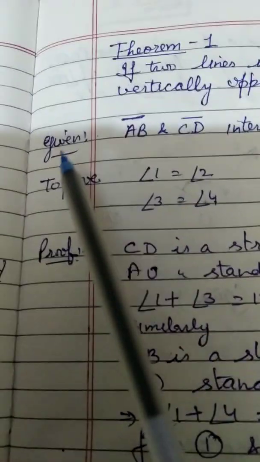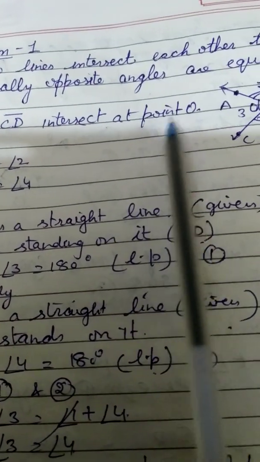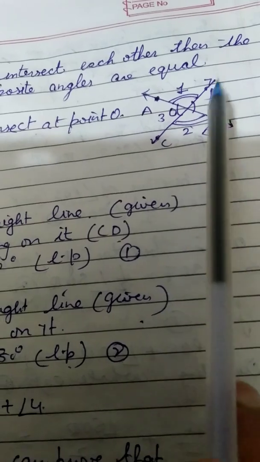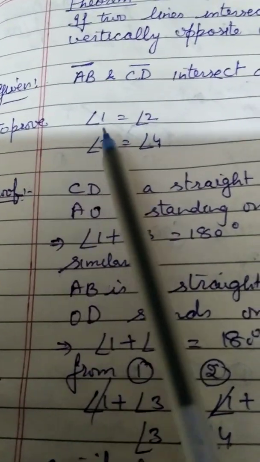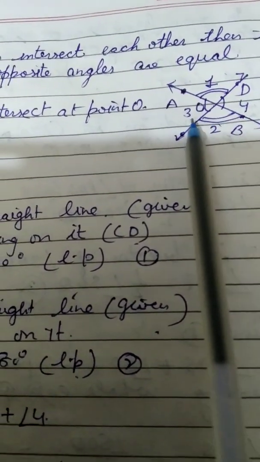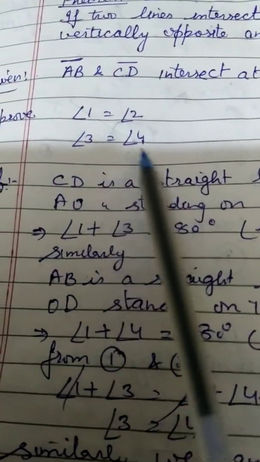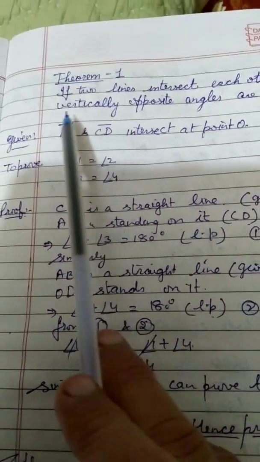See here, given is AB and CD intersect at point O. To prove is angle 1 equals angle 2 and angle 3 equals angle 4. This we are to prove, and this is given.